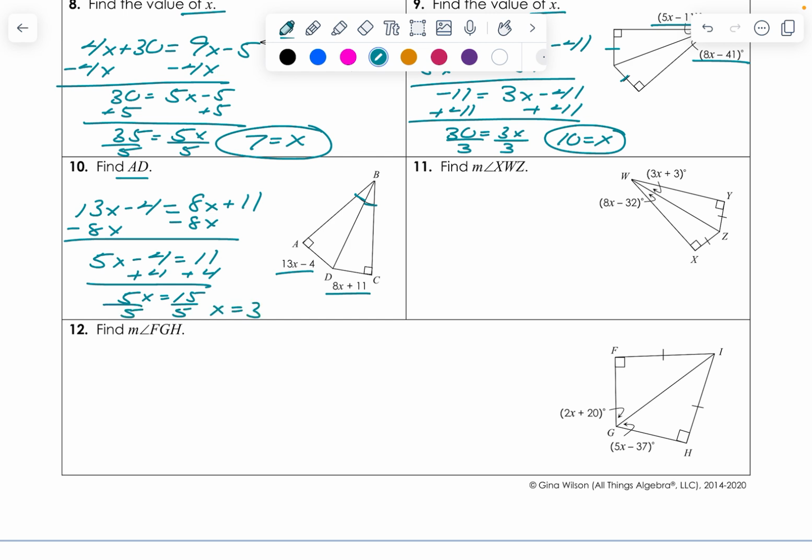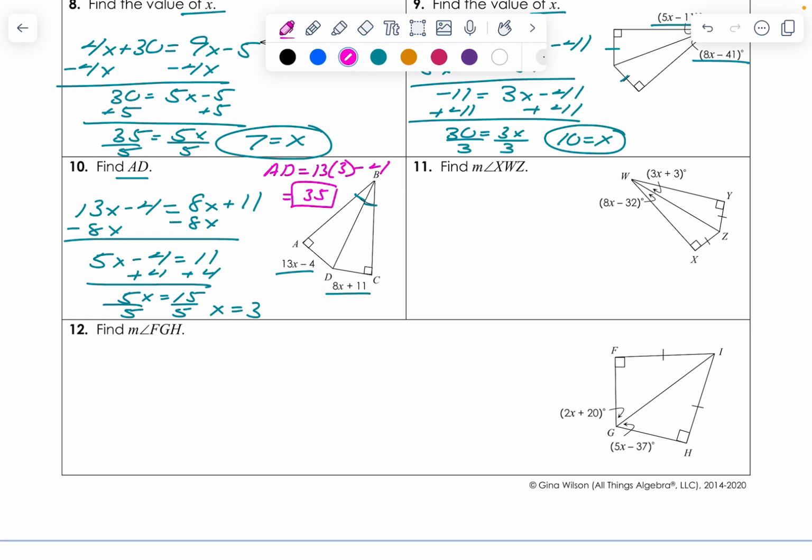X equals 3. But remember, we need to find AD. So I'm going to switch colors here. AD is equal to 13 times 3 minus 4. So I'm going to use my calculator. 13 times 3 minus 4. Looks like 35 is our answer.